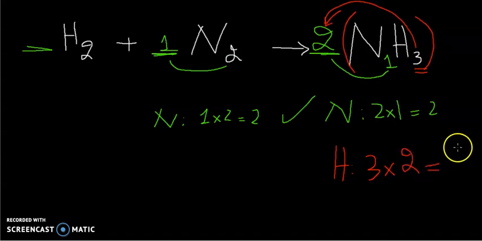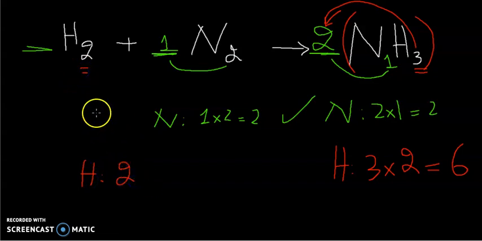So the number of hydrogens here is 6. Now I'll go to the reactant. I have hydrogen as a reactant. How many hydrogens do I have here? I have 2. Okay, and here I have 6 in the products.